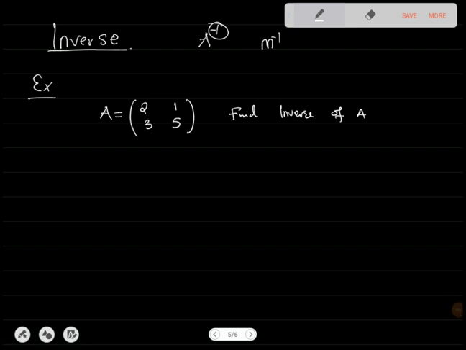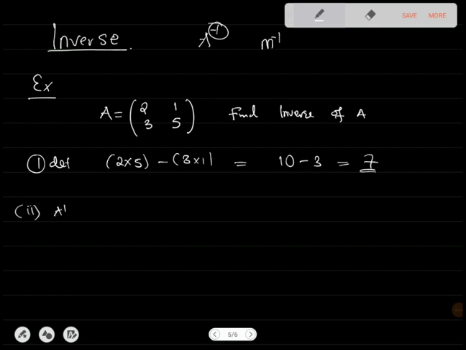So the first thing that we are going to do is, let's first find the determinant. Step 1, find the determinant. Determinant of A will be equal to 2 times 5 minus 3 times 1, which will be equal to 10 minus 3, which will be equal to 7. Now that the determinant has been found, let's go to find the adjoint.